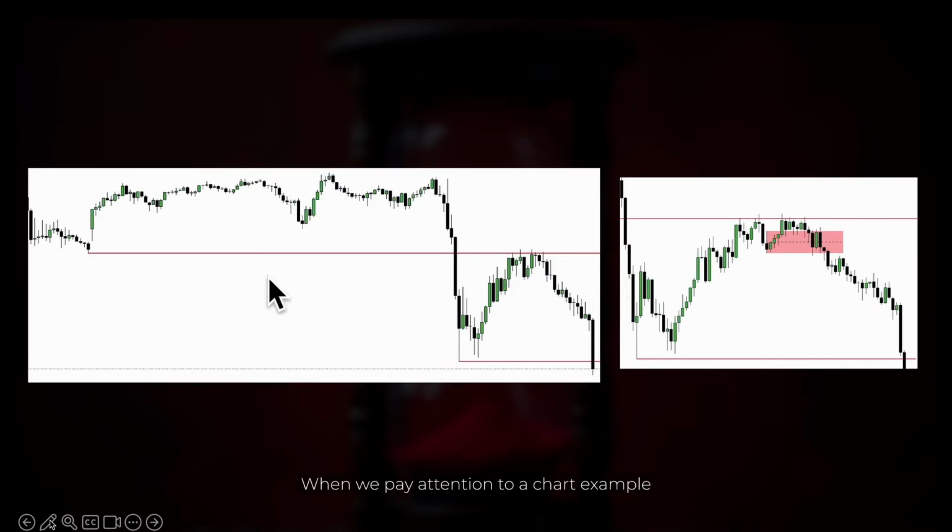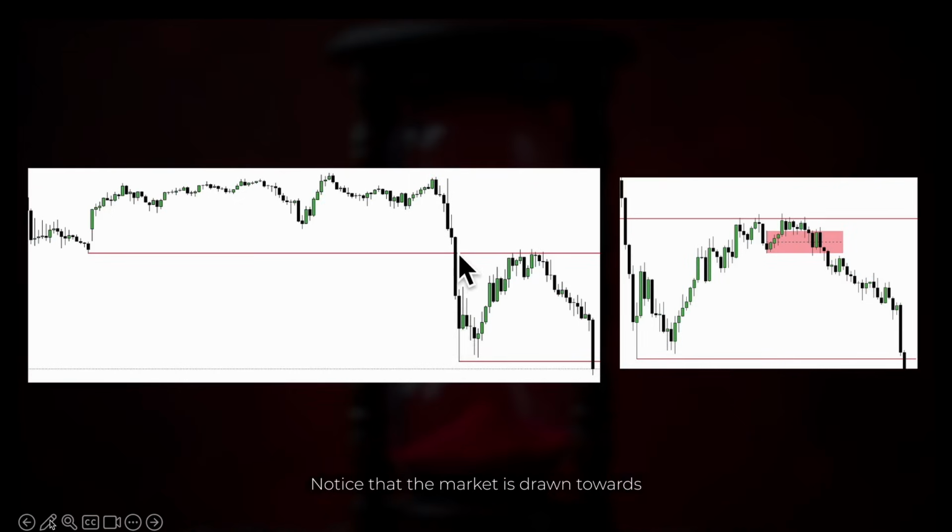When we pay attention to a chart example then, what you can see is that the market expanded towards the downside. We saw the market retrace higher and it formed one more expansion leg towards the downside. A low forms and the market expands higher. We see the market consolidate, time distortion is taking place, and eventually it drops towards the downside aggressively with speed and velocity.